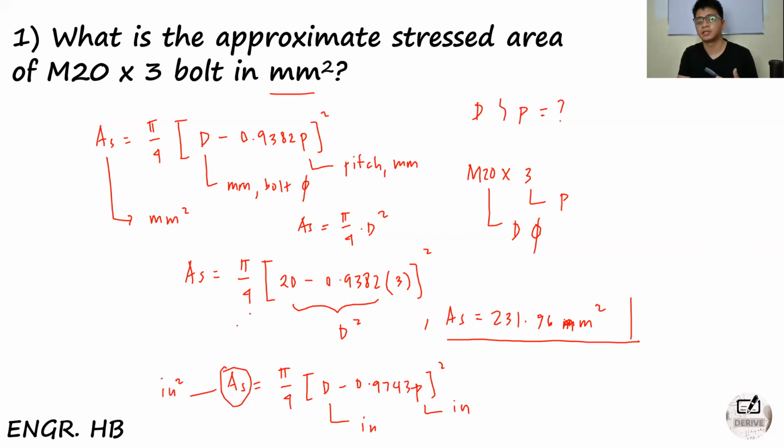That's another formula for stress area for English units, but it depends on the thread specification. This thread specification is metric. I will upload another video later about that, but here I just want to answer random problems. That will be for the first item.